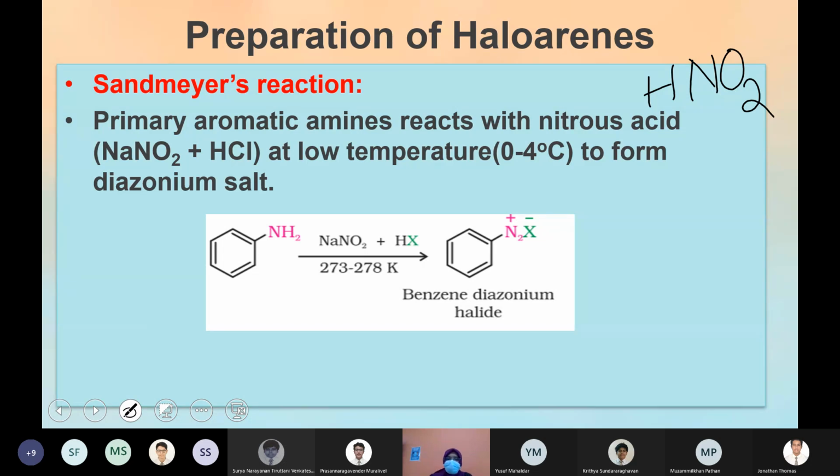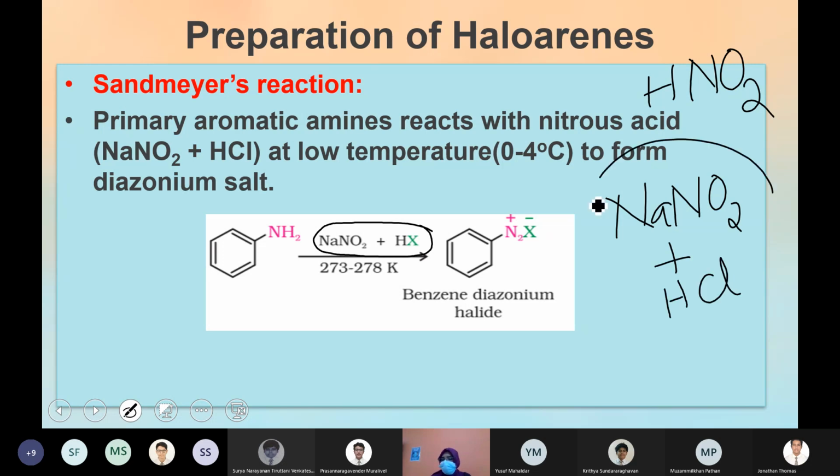That is why you use NaNO2 and HCl. You take sodium nitrite and HCl so that you prepare HNO2.